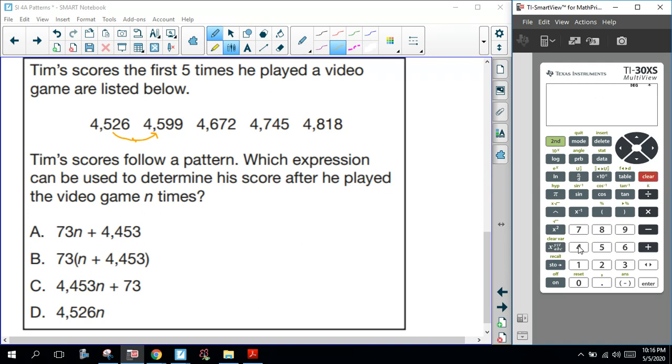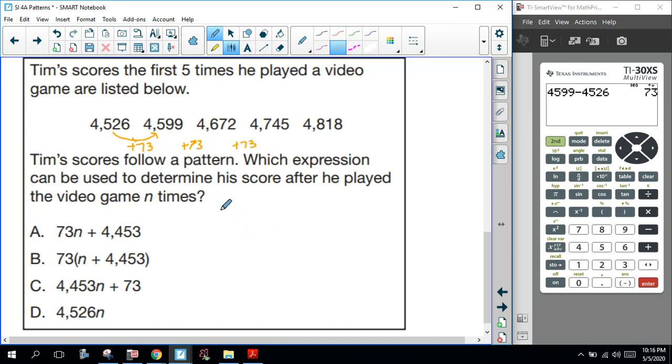Let's try that again. 45.99 minus 45.26. Hit enter, and we get 73. So this is an increase here of 73. And if I plugged it in my calculator and subtracted those, yes, it would be plus 73 again. And lo and behold, all the way through, it's plus 73, plus 73, plus 73.